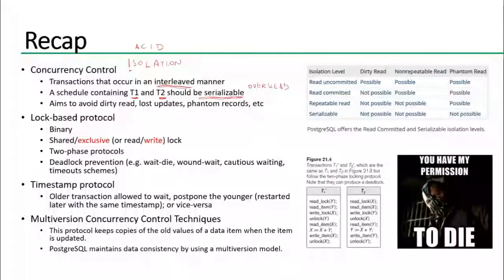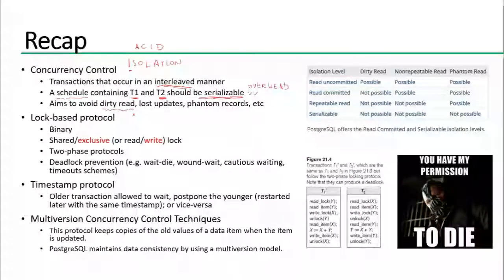But there are some problems that can arise when you have transactions running in an interleaved way. Not in serializable. Serializable always gives a correct outcome. But when you run in an interleaved way, there are some errors that can happen, like dirty reads. A dirty read means that you are reading data that has not been committed, and then the transaction that changed the data might abort, rolling back.